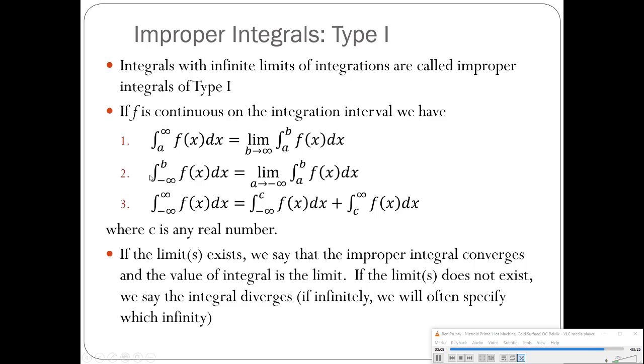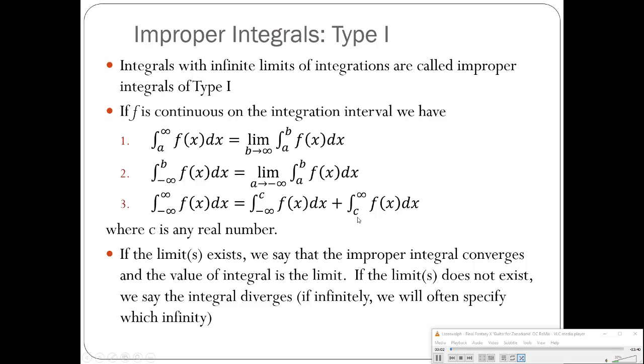There's a very similar format for integrating a negative infinity limit. It's just the bottom goes to negative infinity instead of the top going to positive infinity. And if you have both limits being infinite, well, you just have to split it in the middle. And we'll actually look at kind of a shortcut method for doing this, because the c is just any real number.